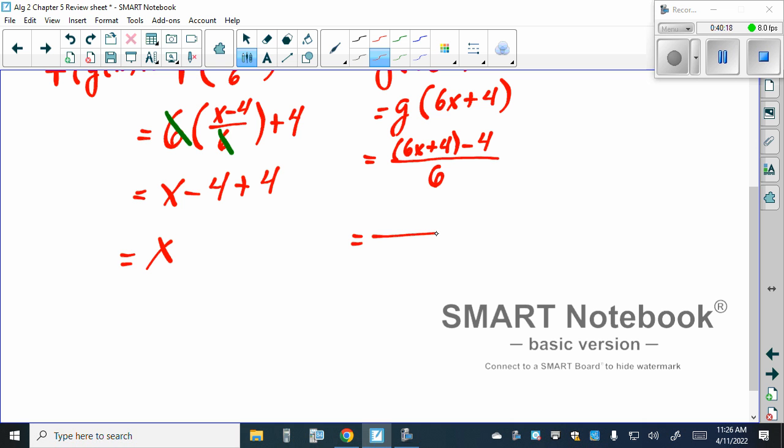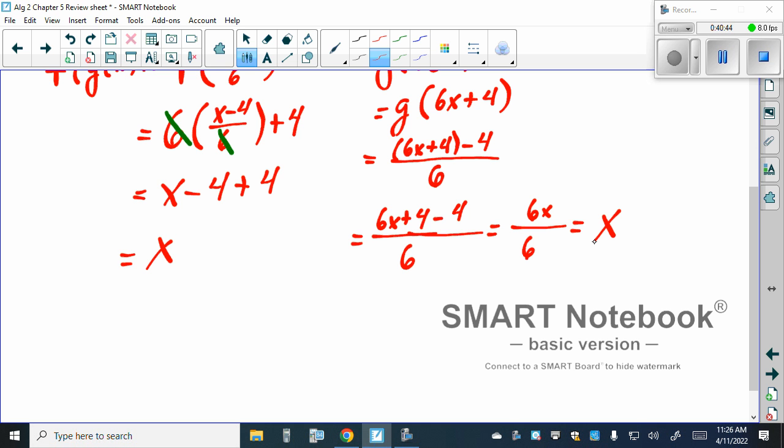Well, plus 4 minus 4 is 0, which would tell us that we have 6x over 6, which is x. Since both sides came out to x, it tells us that these are inverses.